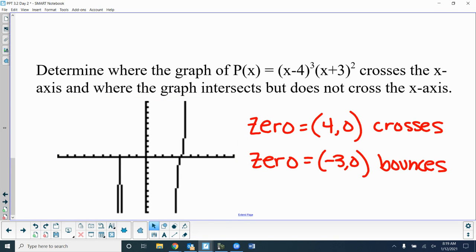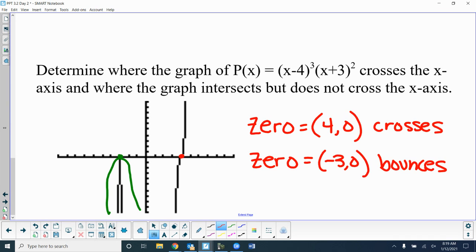Okay, at negative 3, right here, it bounced off. It looks like a line, but it came up. It's kind of hard to tell. These graphics aren't very good, right? But that's what it did. It bounced right there at the negative 3. And then here at the 4, it crossed. It kept going through. Okay?